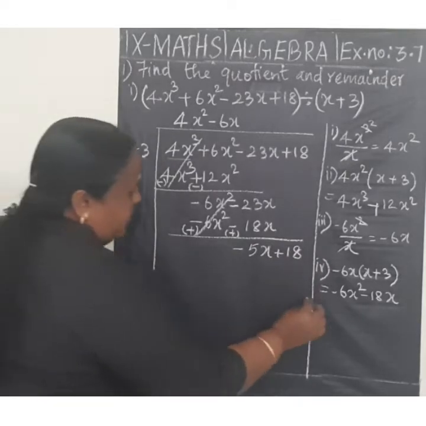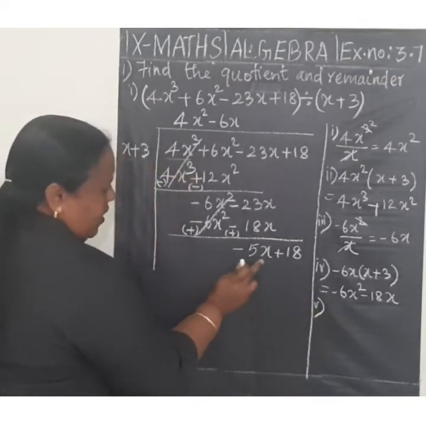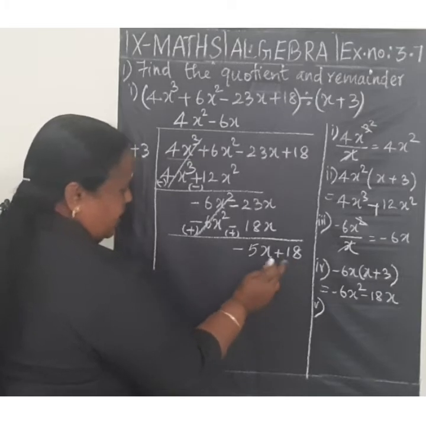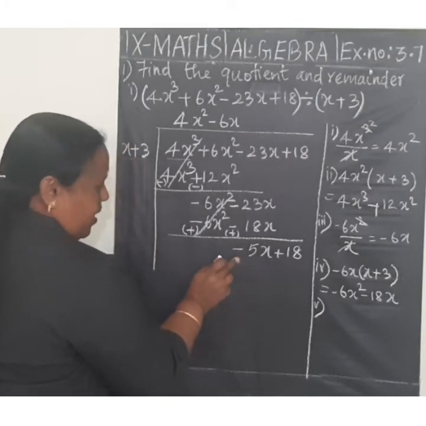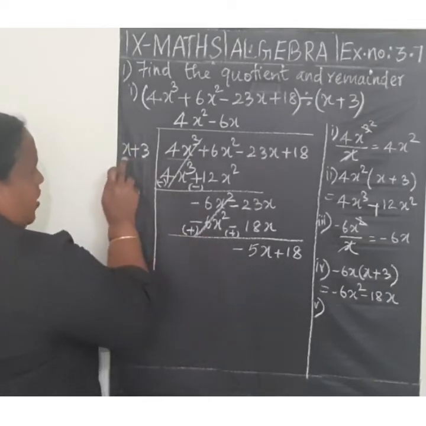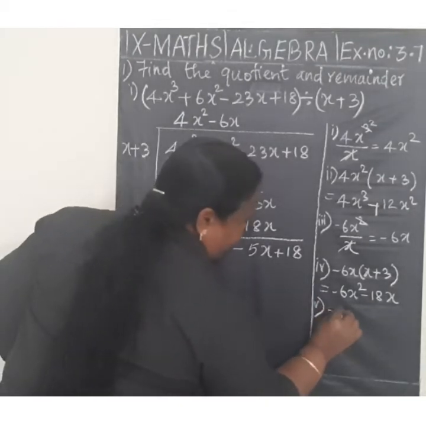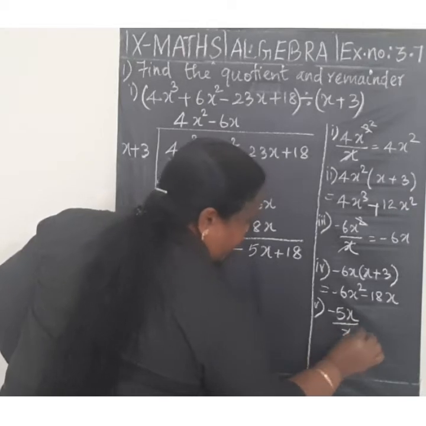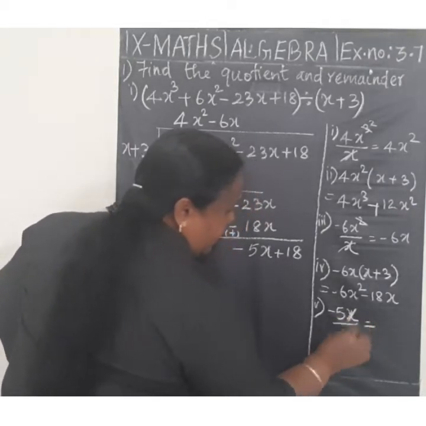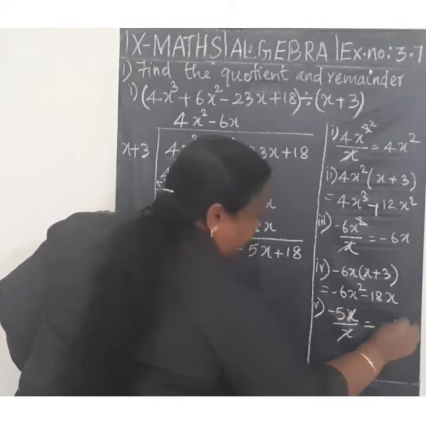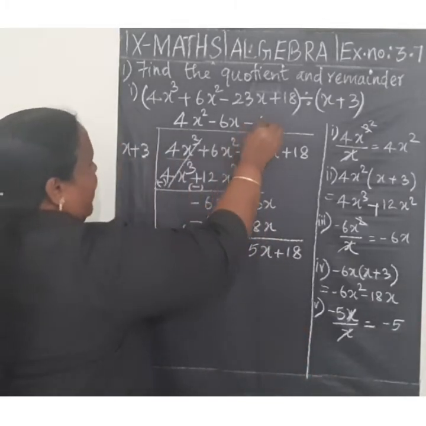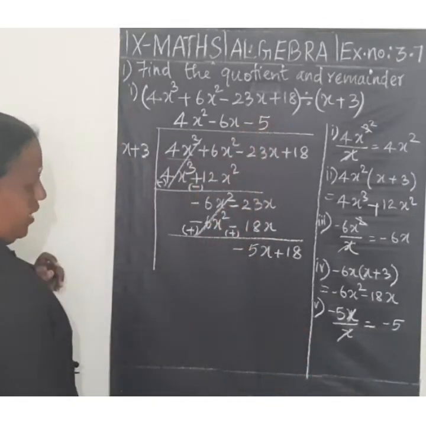Now we have to take the fifth step. In this minus 5x plus 18, we take the first term, minus 5x, and divide it by the first term of the divisor, x. So minus 5x by x: the x will get cancelled, so here minus 5. In this quotient we put minus 5.